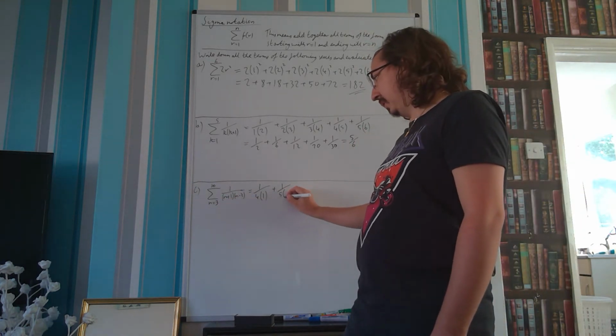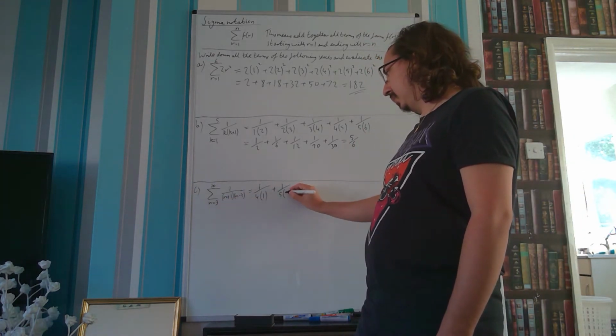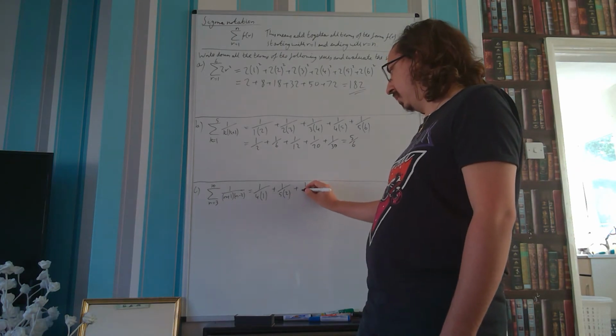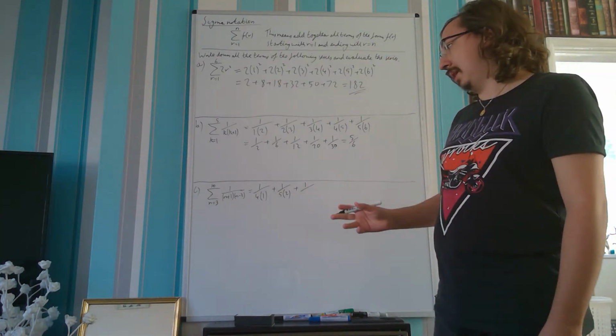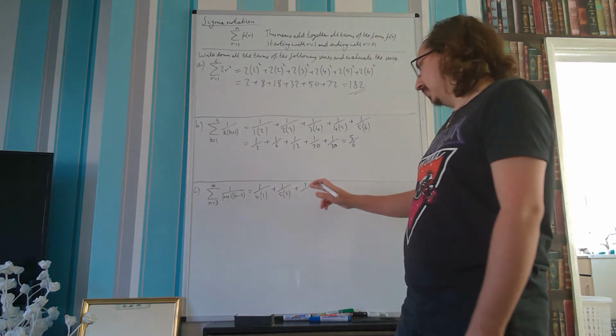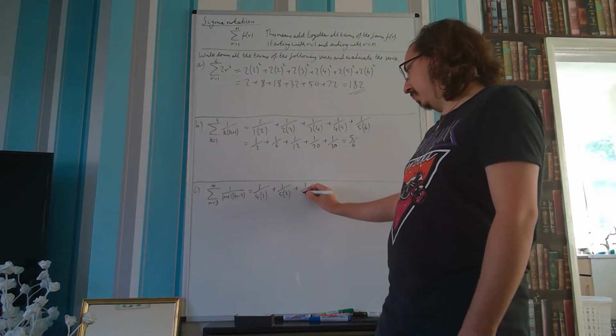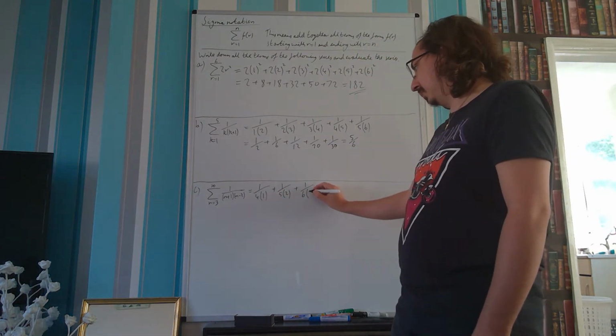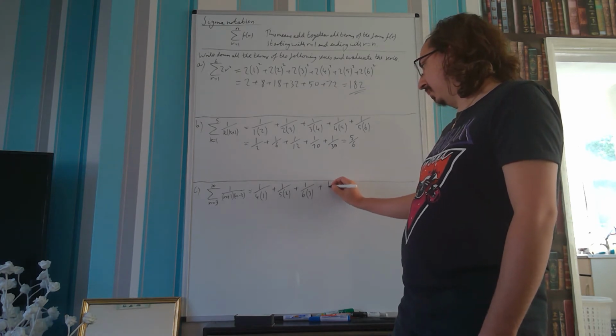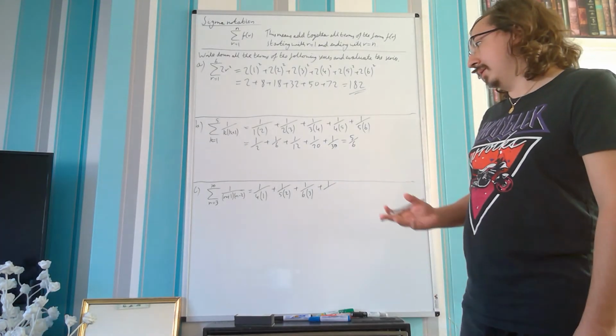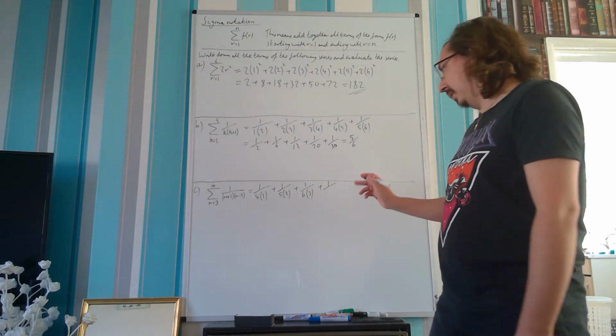So 4 plus 1 is 5, and 4 minus 2 is 2, plus 1 over our next n value, which is 5. 5 plus 1 is 6, 5 minus 2 is 3, plus 1 over our next n value, which is 6.